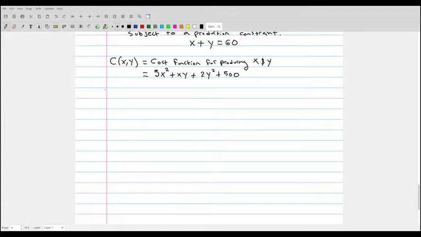So this is a constrained optimization problem that is directly in the form for application of the Lagrange multiplier method.